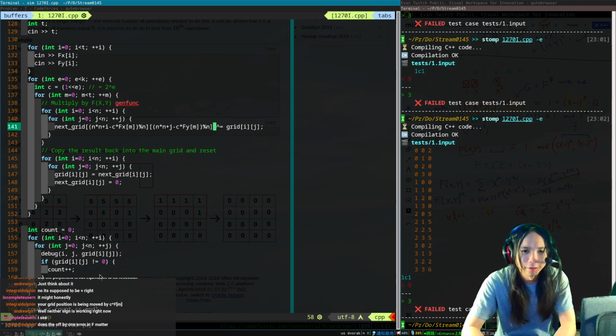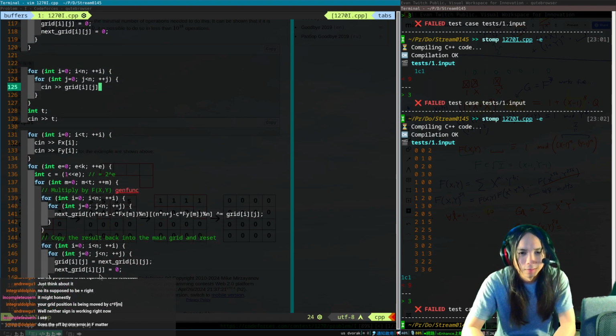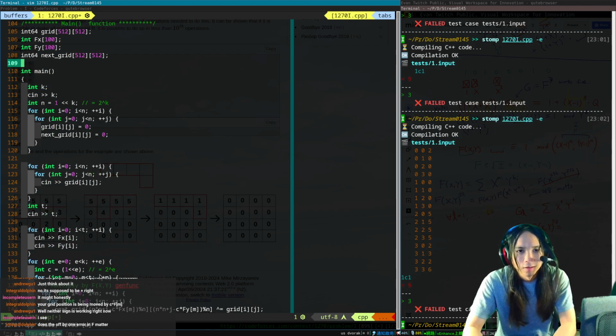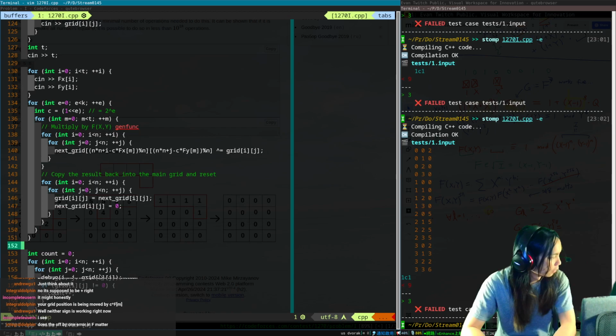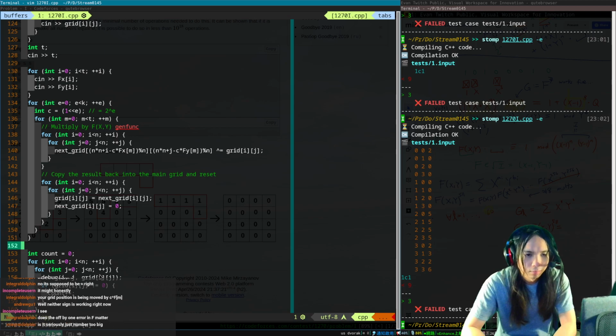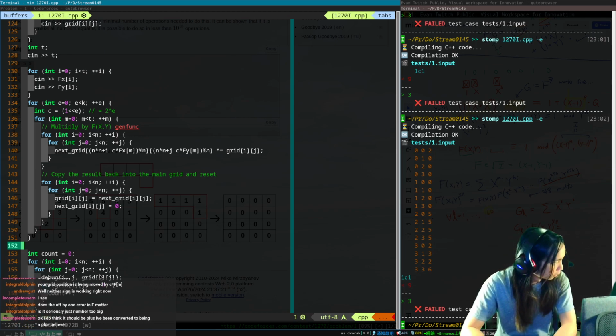Does the off by 1 error in F matter? Which F1 off by 1 error? You think it's plus?